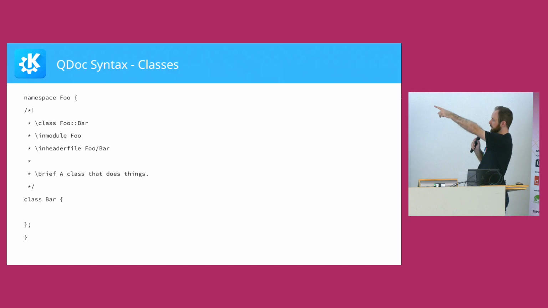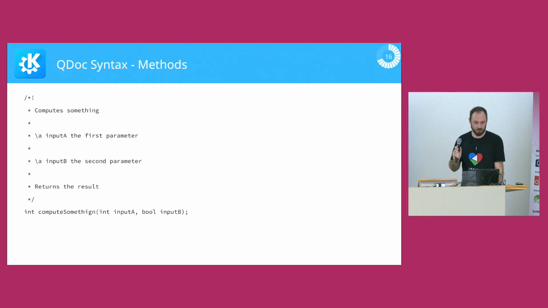And by specifying this in the header file, we tell QDoc to emit that. Then we can write a brief description of the class and then hopefully some longer explanation of what the class does.